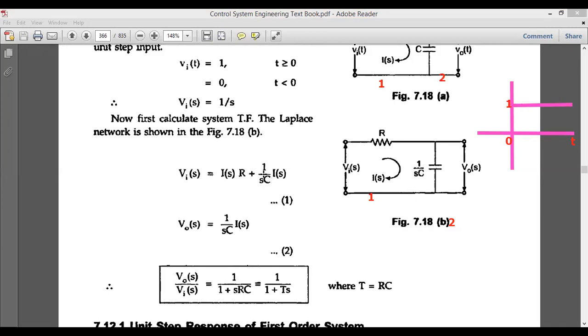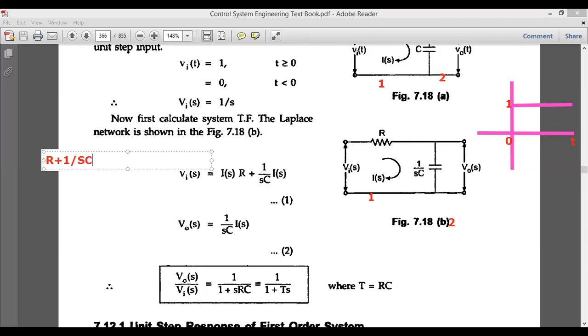Usually we equate in terms of the current or in terms of voltages also. If I equate both, the current I of s gets cancelled, so I end up with this particular equation. If I solve this equation, this becomes R plus 1 divided by sC, right?